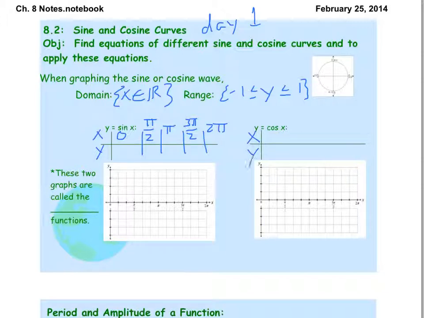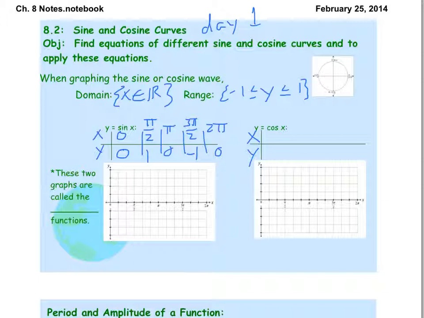Remember, with the sine value, I'm looking at the y-coordinate on the unit circle. For a 0-degree angle, it's 0. At pi over 2, sine is 1. At pi, sine is 0. At 3 pi over 2, it's -1, and at 2 pi, it's 0.